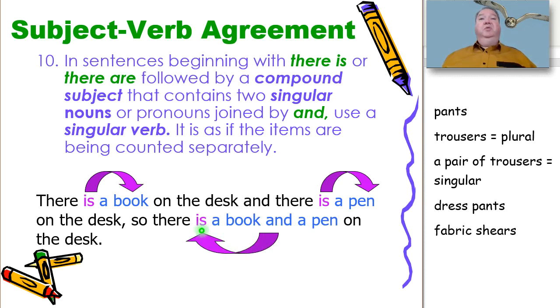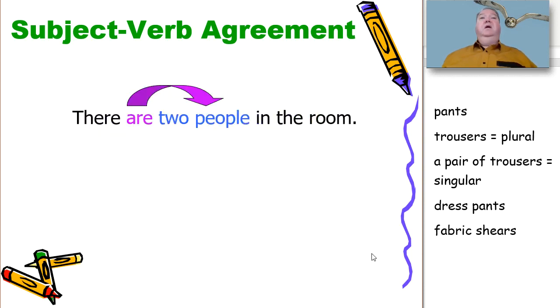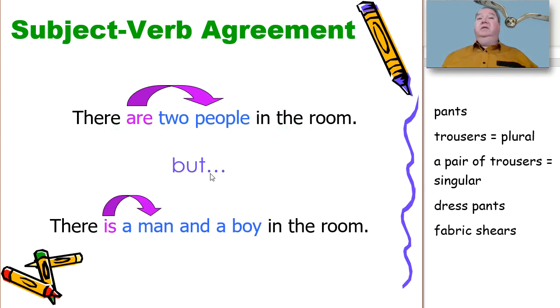There is a book and a pen on the desk. There are two people in the room. Two people, plural, are. But if we say there is a man and a boy in the room, we use the singular form.